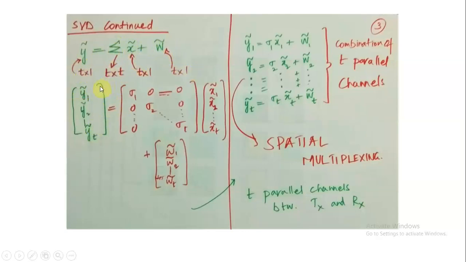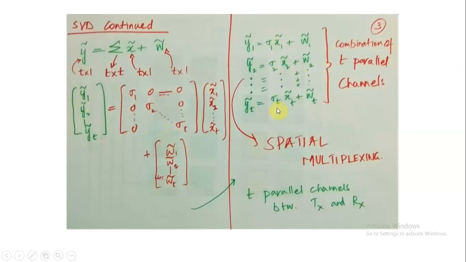So effectively it says that we have Y1 tilde, Y2 tilde, up to YT tilde received symbols, and we have a diagonal matrix with diagonal elements as such, and the transmitted symbol vector ranging from X1 tilde to XT tilde plus the noise vector.